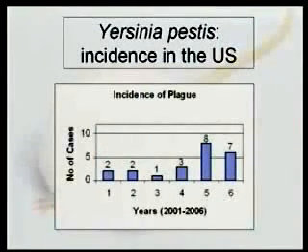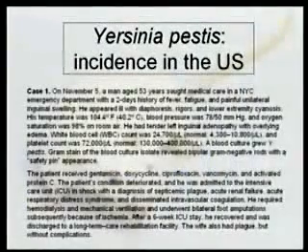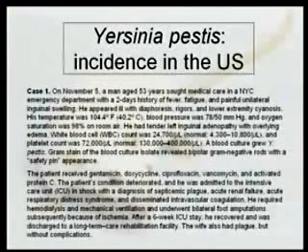If you look at the 2001 to 2006 cases, there are 2, 1 to 3, 7 or 8, and this year already 7 cases of human plague. Here is a very recent one. Oh, no, that's not the recent one actually. That's about 2-3 years ago in New York, and that's the real one.